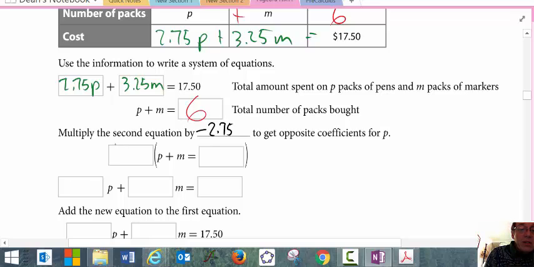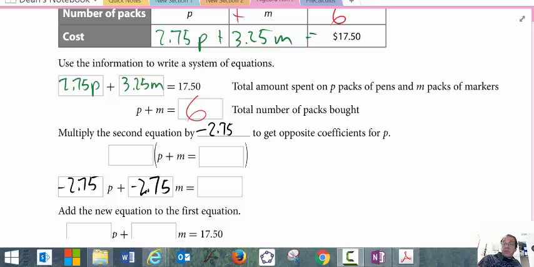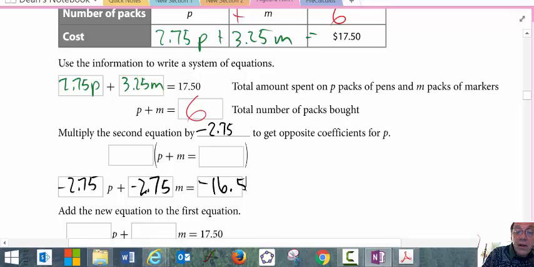So that's going to get us negative 2.75P plus negative 2.75M is equal to, I wonder what 6 times negative 2.75 is. 2.75 times 6 is 16.5. So negative 16.5 is going to go there.